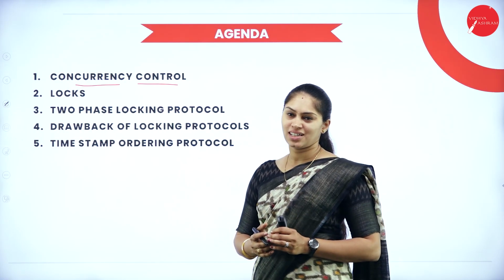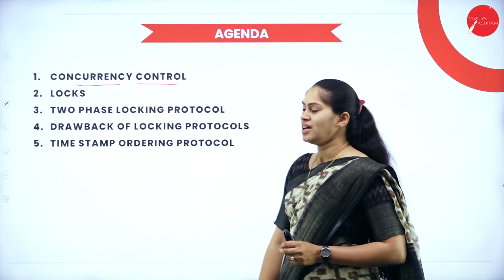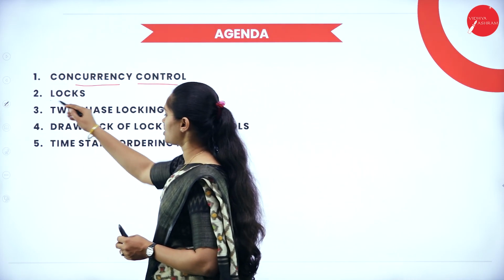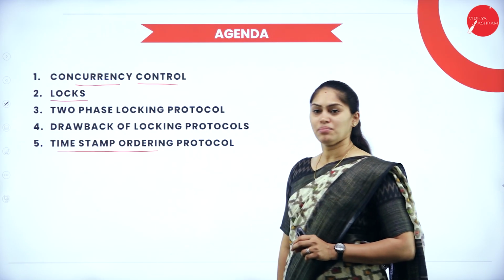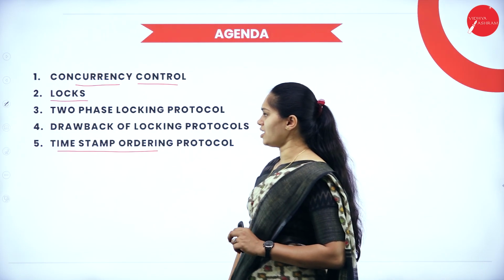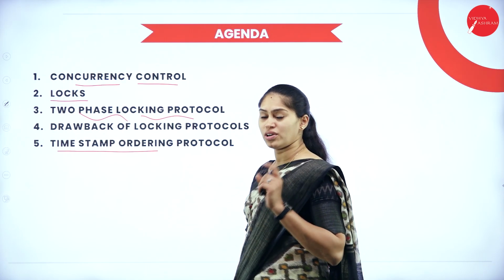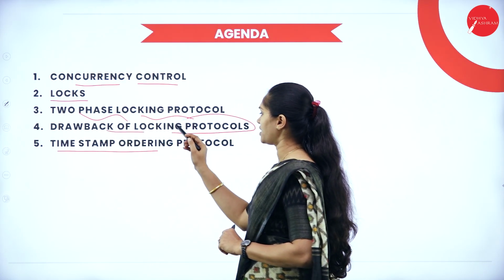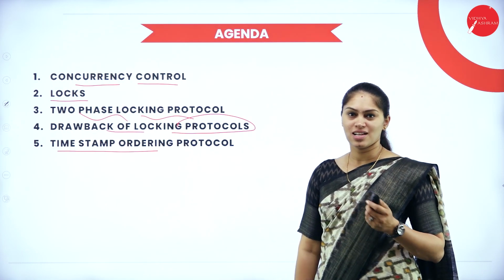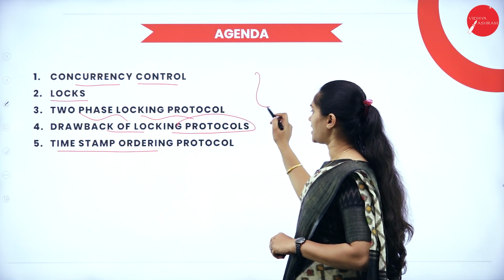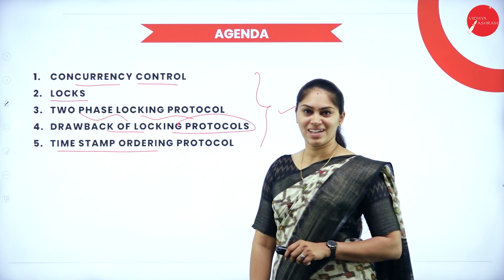So in order to avoid that, we have concurrency control that can be done with the help of locks as well as the timestamp ordering protocol. In locks, we have the 2 phase locking protocol, and also we'll see what the drawbacks are that we can face when it comes to the locking protocols. We'll see all this regarding concurrency control in today's session.